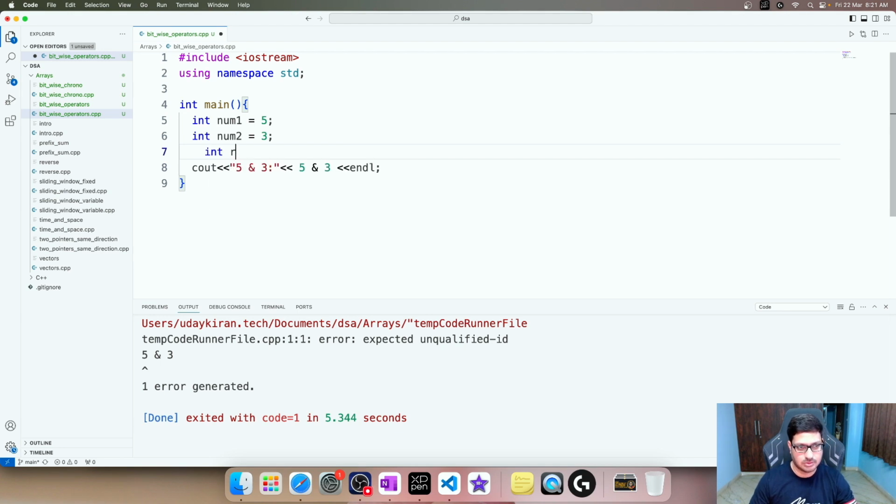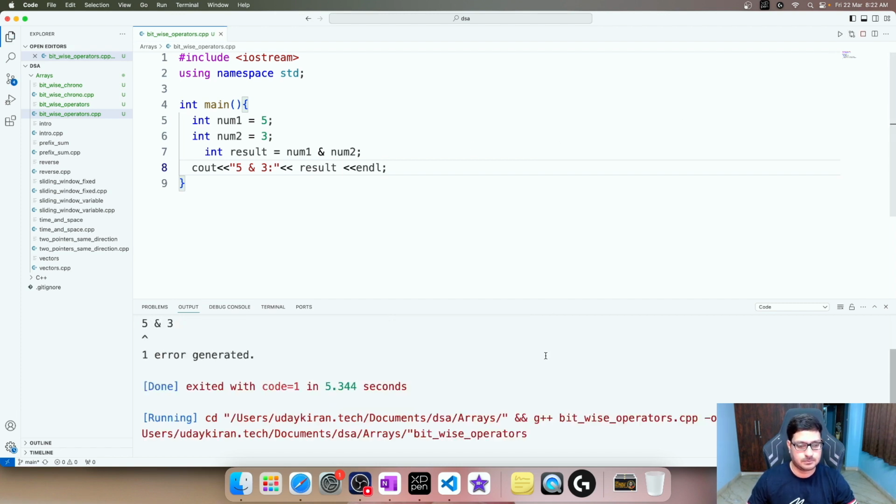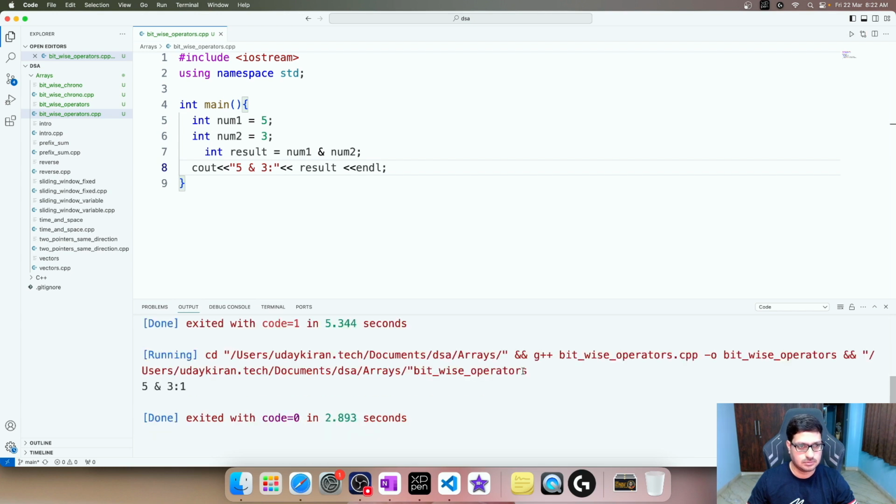Let's see if I do result equal to num1 and num2, and I simply put result here. Yeah, we got it. So 5 and 3 is 1.